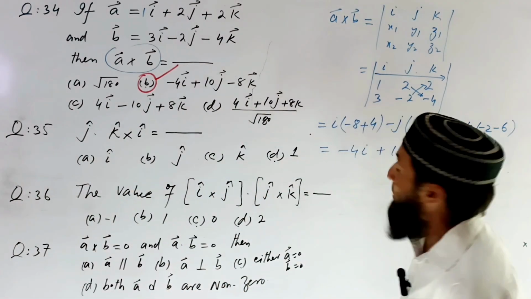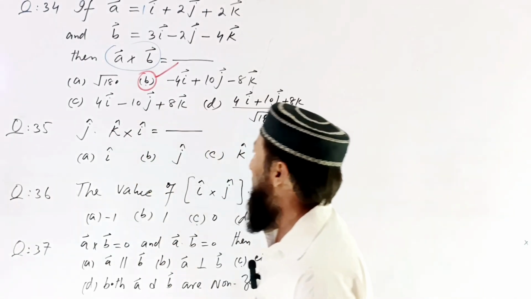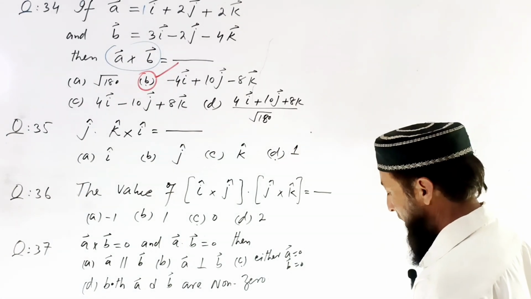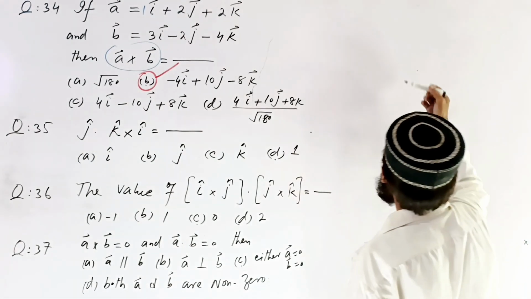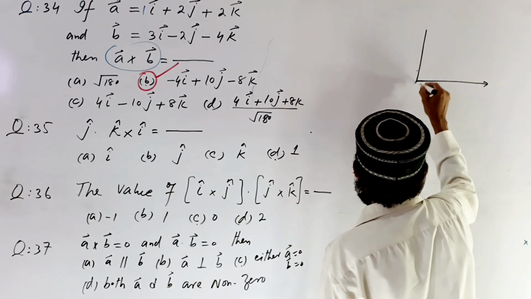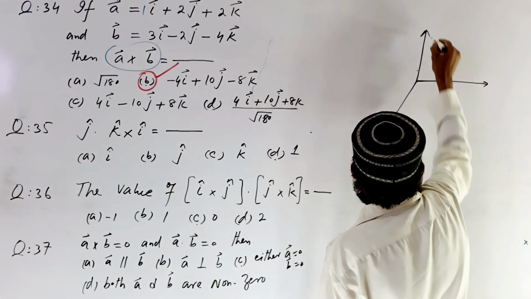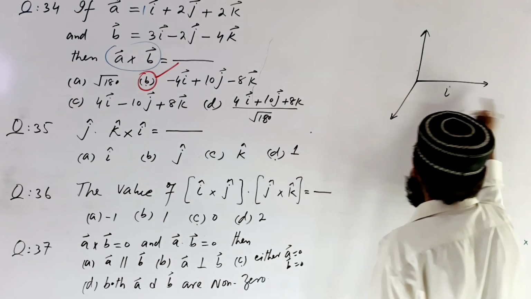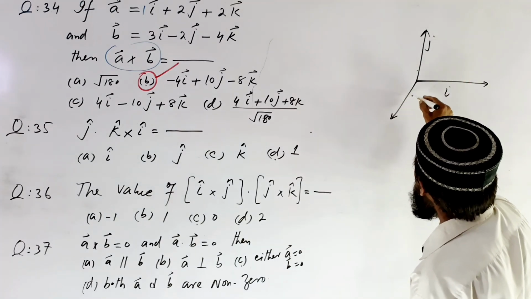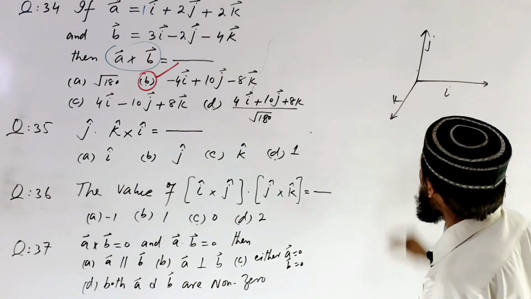Next, according to the rule of the cross product, j dot (k cross i). Here the x-axis is i, the y-axis is j, and the z-axis is k.